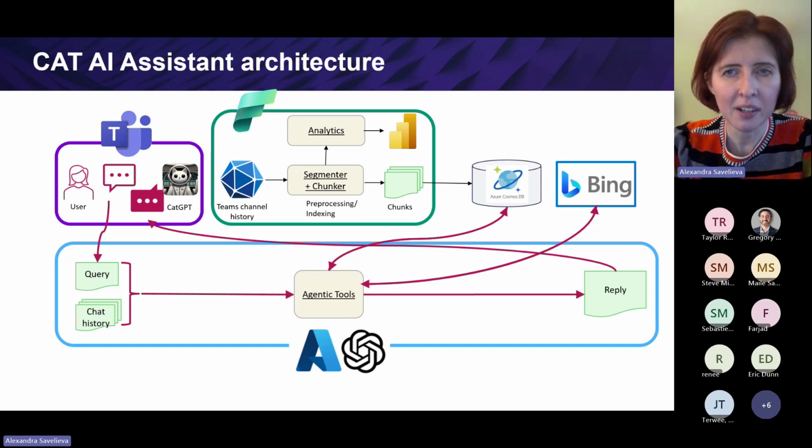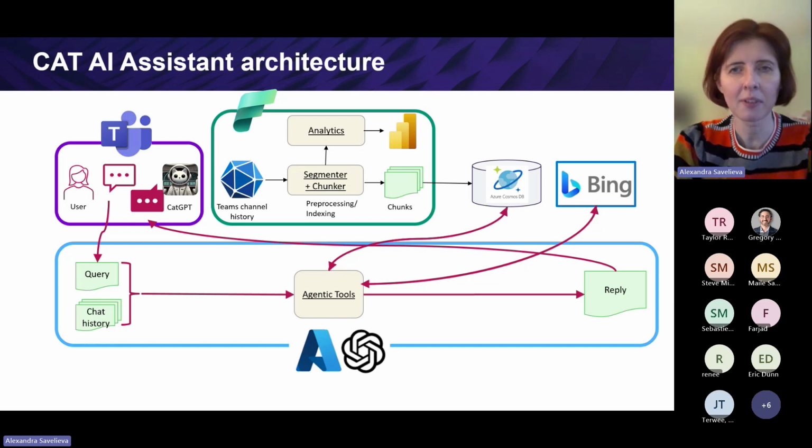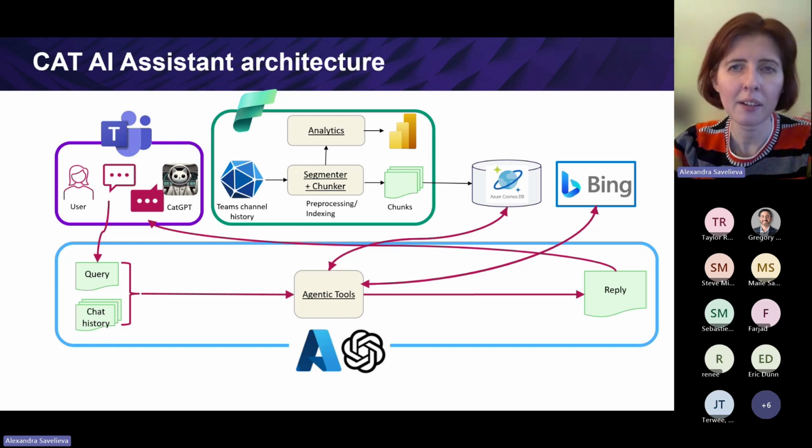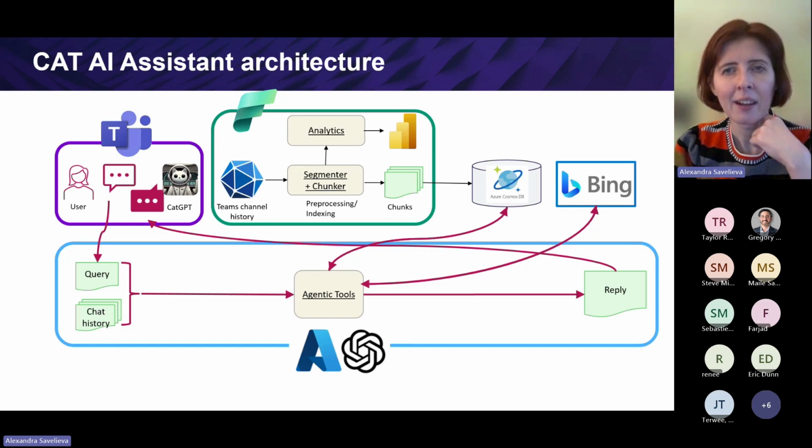So the message that the user gets back from the bot contains the acknowledgement of the query, a summary of whatever it uncovered in response, and links to sources in online documentation, as well as links to Teams messages in the chat, if such have been discovered that are relevant to their query. So the user can click and verify that yes, AI made sense of it.